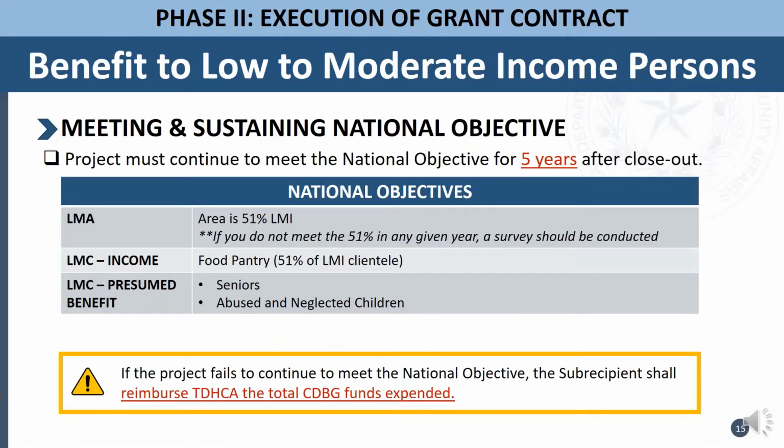LMC is limited clientele, for example a food pantry, where 51% of clients must be LMI. And then the last one is presumed benefit, which for this CRP program includes seniors and abused and neglected children. If the project fails to continue to meet these national objectives, the subrecipient must pay all the funds that have been expended back to TDHCA.